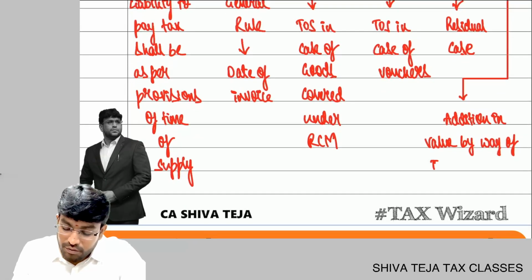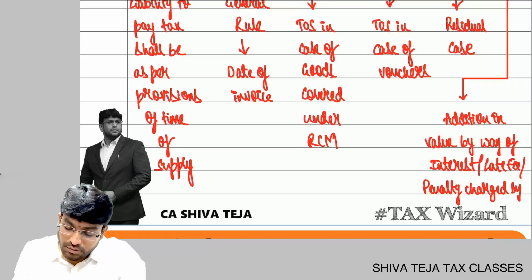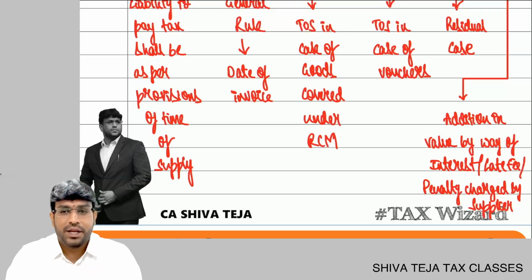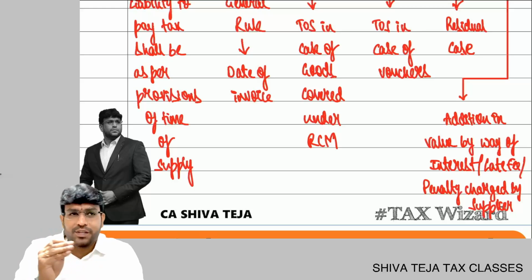Addition in value by way of interest, late fee, or penalty, which is charged by who, my dear friends? Supplier. Addition in value by way of interest, late fee, or penalty, which is charged by supplier. Very, very interesting points. So that's about 12.1 to 12.6, which we'll talk in detail.